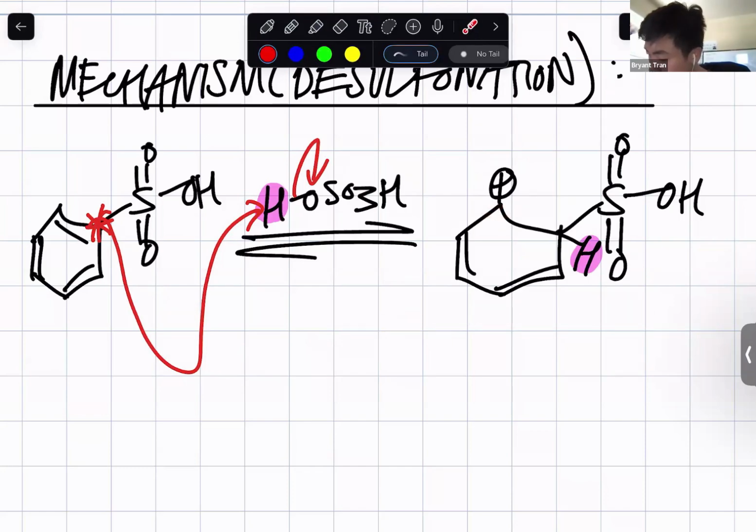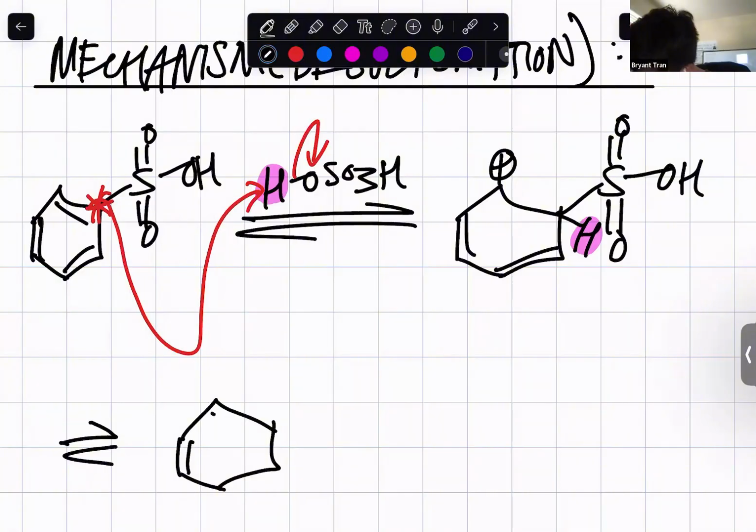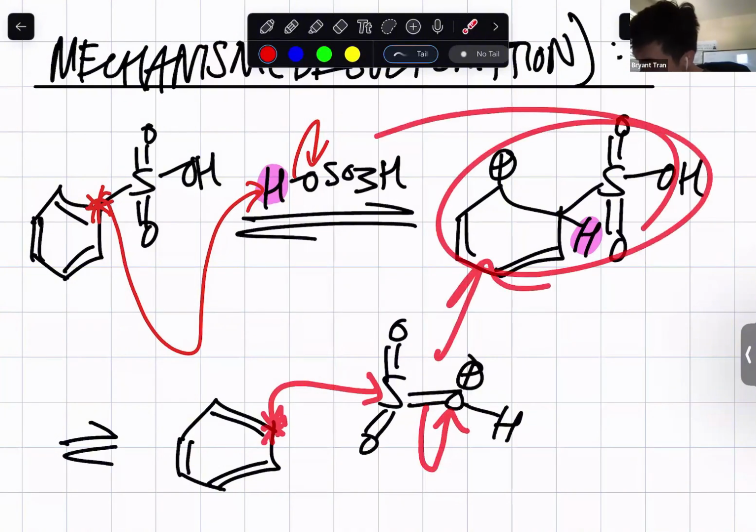Okay. Now we know before that, right, we had the neutral benzene ring and this electrophile right here. Because we know that this carbon here attacked the sulfur, popping the double bond onto the oxygen to get into here.